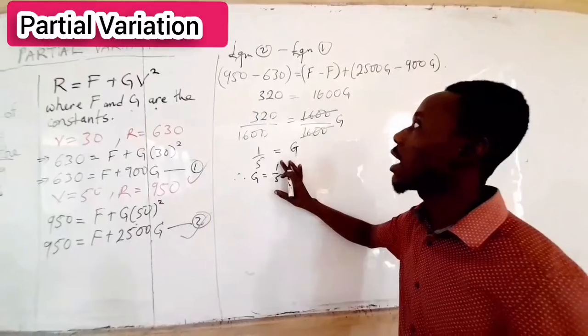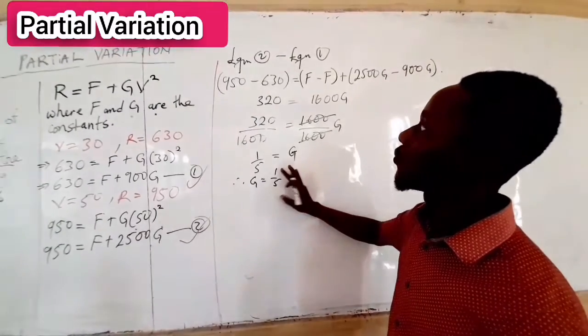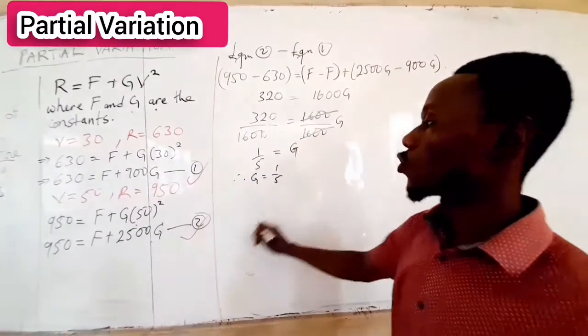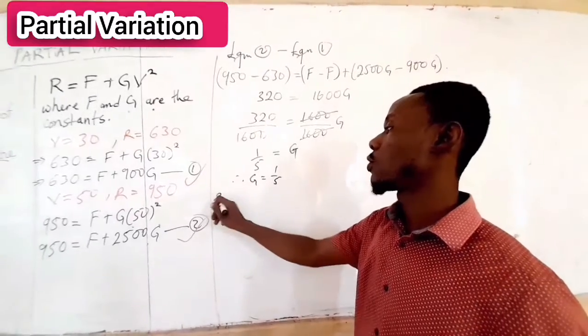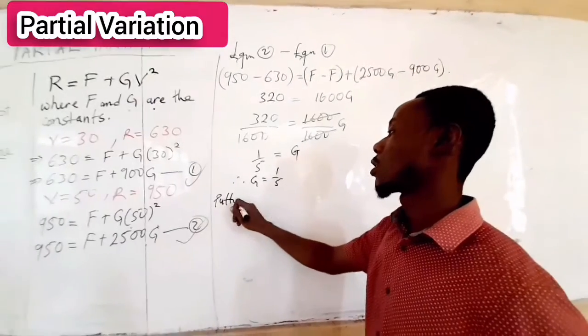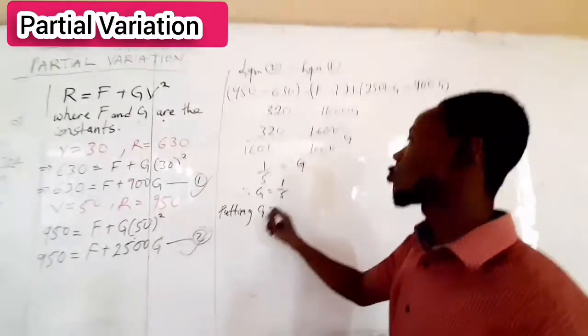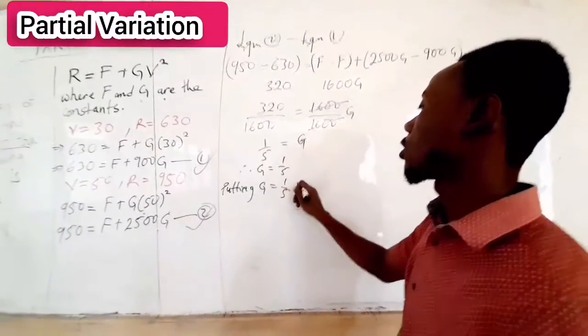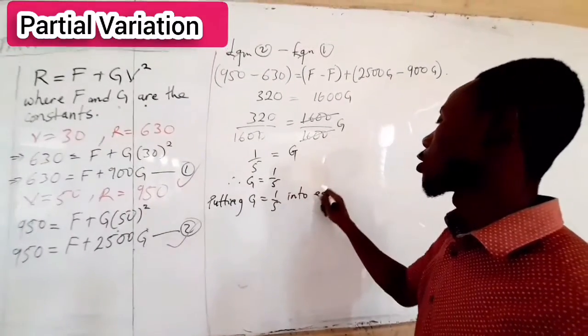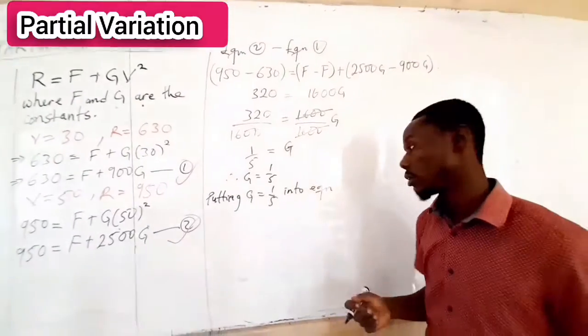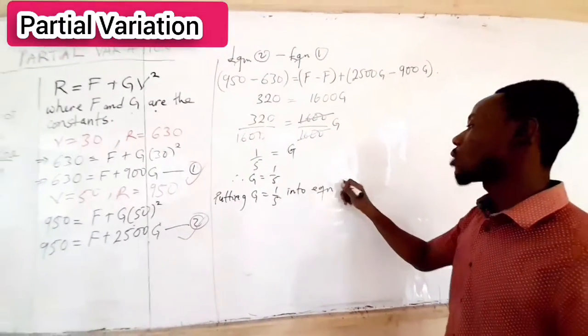We have to find our F. So we put G equal to 1 out of 5 into an equation, let's put it in equation 1.